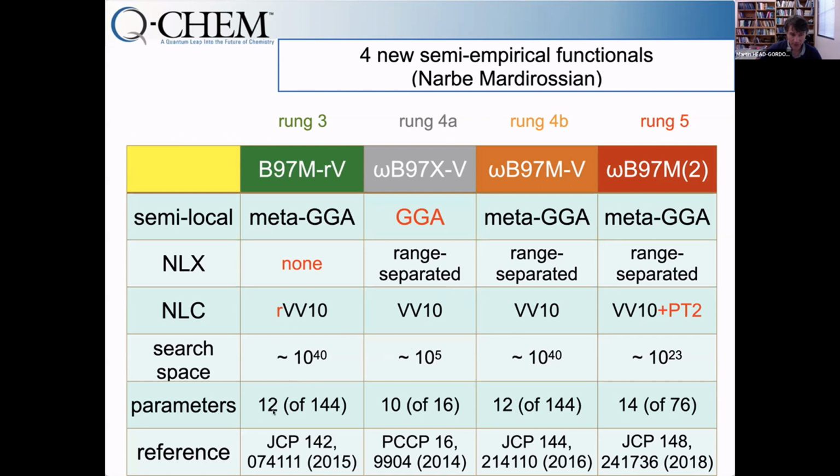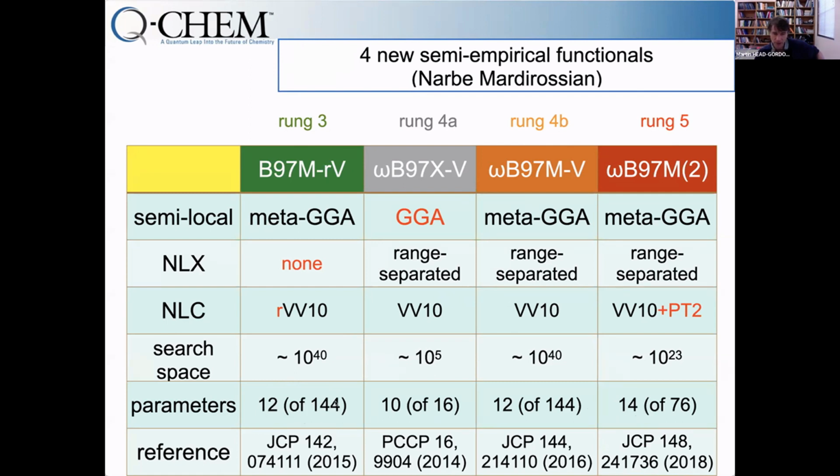And then the question of the parameters. So we were considering the possibility of up to 144 parameters to be included in the meta GGA based forms. But in fact, the protocol, this survival of the most transferable protocol, indicated that we began losing predictive power above about 12 parameters, or 14 in this case.